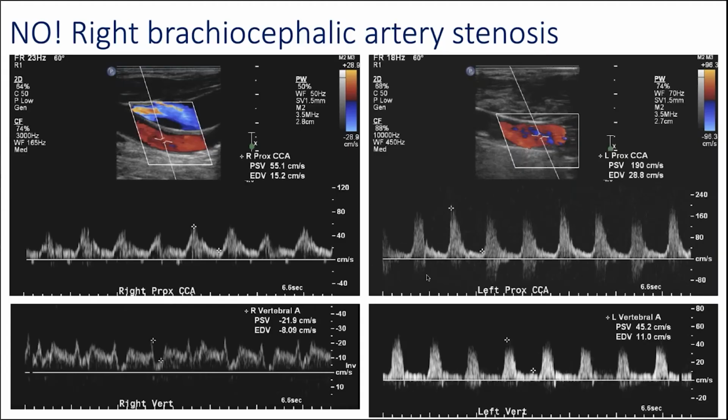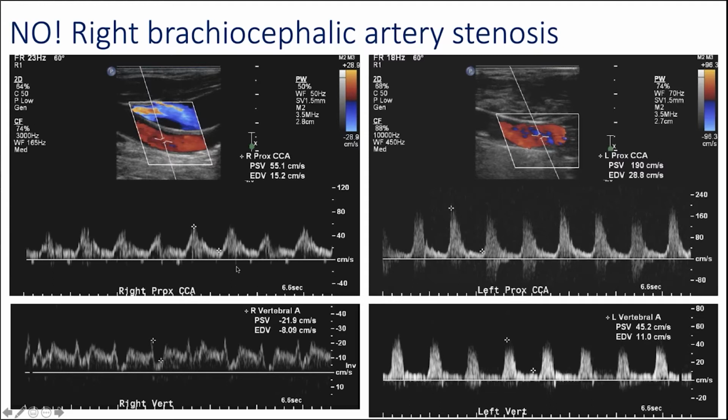This is a display of the images from this patient, and again, it's displayed pretty much the way I've shown you before. On the left side of your screen, we have the right proximal common carotid artery. On the right side of your screen, the proximal left common carotid artery, and then the right and left vertebral arteries.